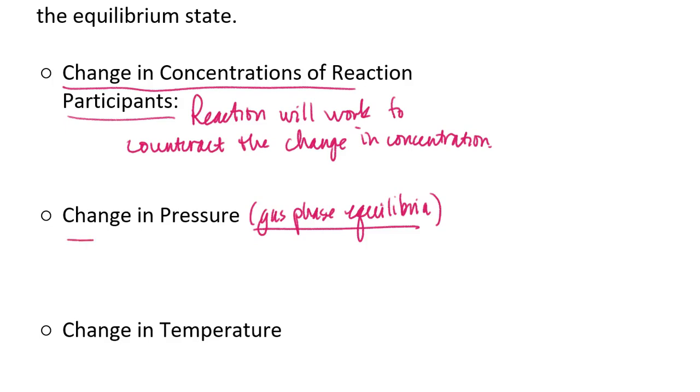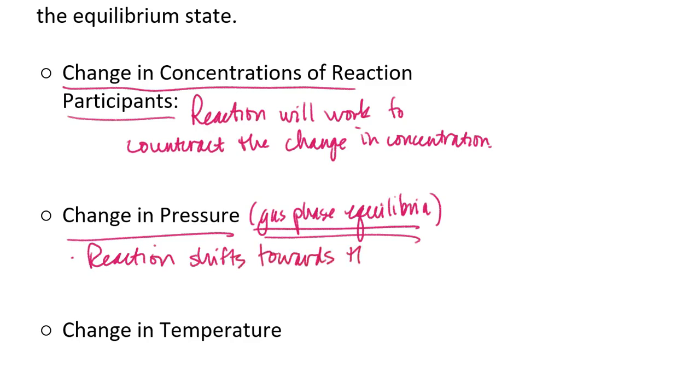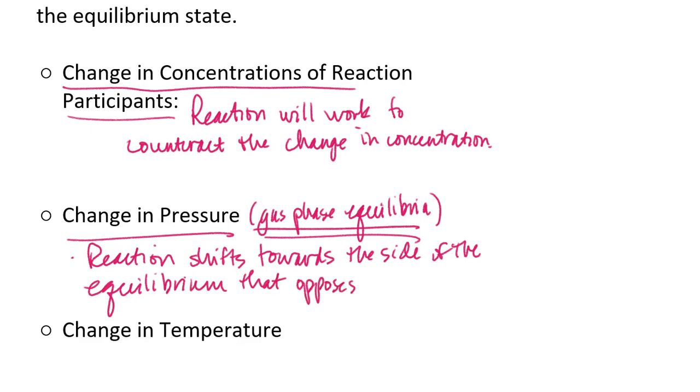So essentially, if I have a change in pressure with a gas phase equilibrium process, then the reaction shifts towards the side of the equilibrium that opposes the change in pressure.